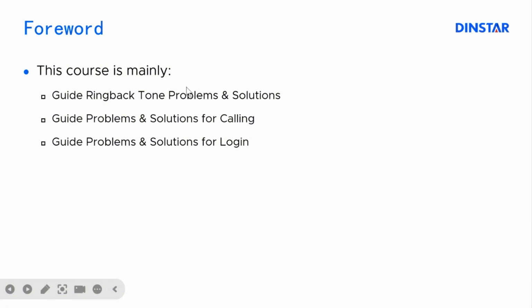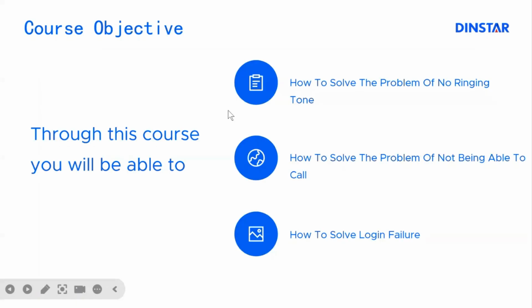First, no ring back tone related faults and the solutions. Second, all kinds of call failure problems and troubleshooting methods. And third, we will talk about the device login failure troubleshooting. So after learning this course, you can quickly locate and solve these typical faults on site.